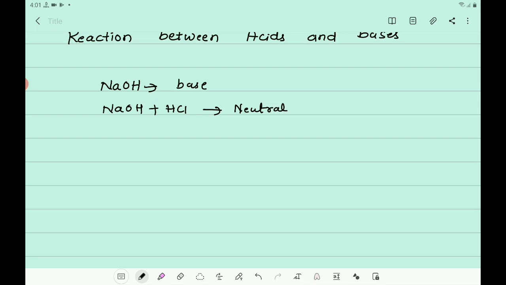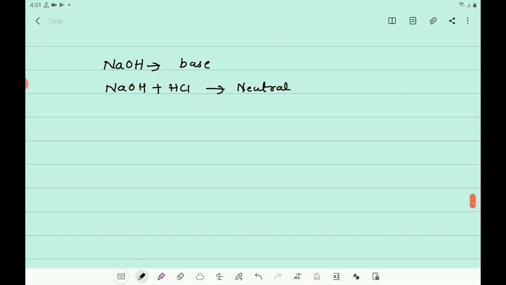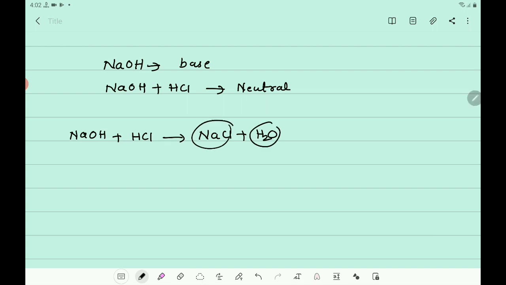The reaction taking place can be written as NaOH plus HCl. What is formed here? NaCl plus water is formed. The reaction between an acid and a base to give a salt and water is known as neutralization.